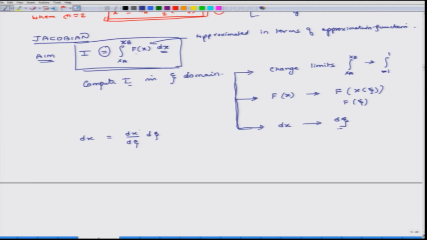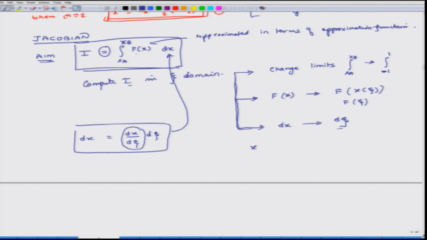So, we have to calculate this thing. If I have to change the integration parameter dx to d zeta, this is going to come in, right. So, this has to go into this relation, and once I fit it here, I should know the value of dx over d zeta, or the relationship between dx and d zeta.